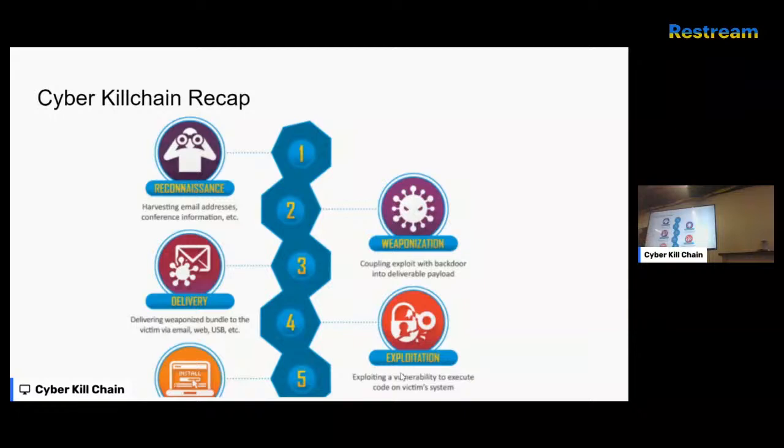And then with the deliveries, so delivery is not just like the infrastructure to send it over the internet and hit a box, right? That's also like dumping a bunch of USBs in somebody's parking lot. That's also starting up a giant phishing campaign or a spear phishing campaign. Like, the developer's email address, so you can start to target them specifically with information that is specific to them.